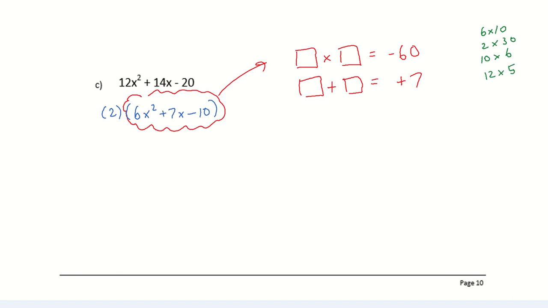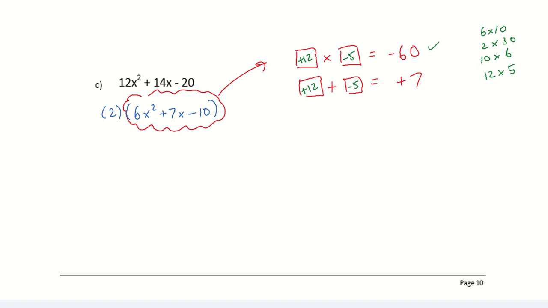So 12 and 5 are the numbers that multiply out to 60. As long as it's positive 12 and negative 5, it's going to multiply out to a negative number and add up to positive 7. So our two numbers are positive 12 and negative 5.